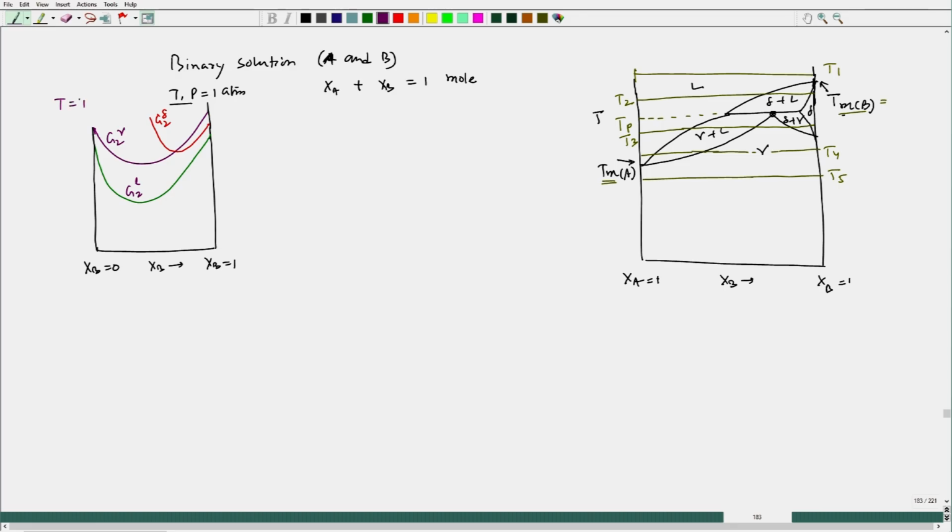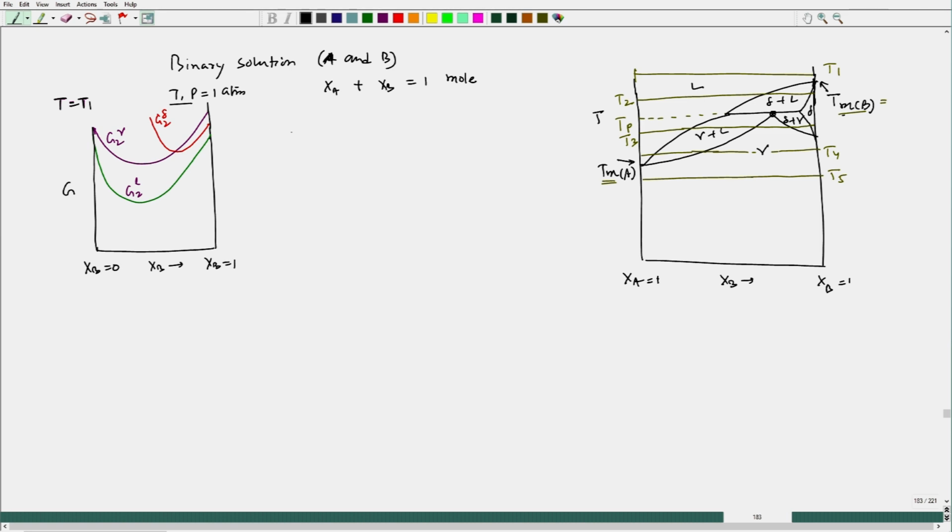This is T equal to T1, and this is the free energy composition diagram. You see over the entire composition range liquid is stable, and on the phase diagram also you can see that at T equal to T1 everything is liquid.